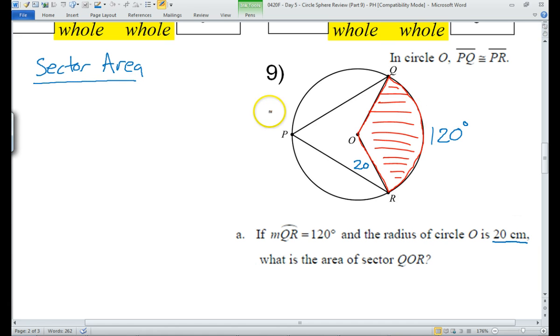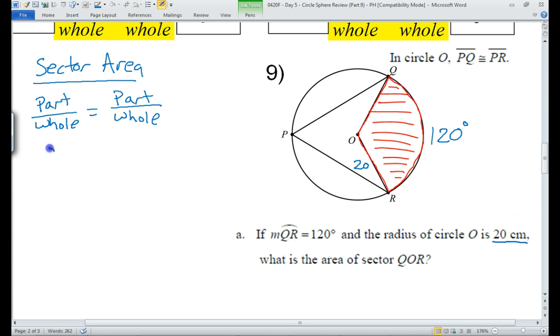So we're going to use the model of part over whole equals part over whole. But in this case, we're talking about partial area divided by the whole area of the circle. So the partial area, well, that's what we're looking for.